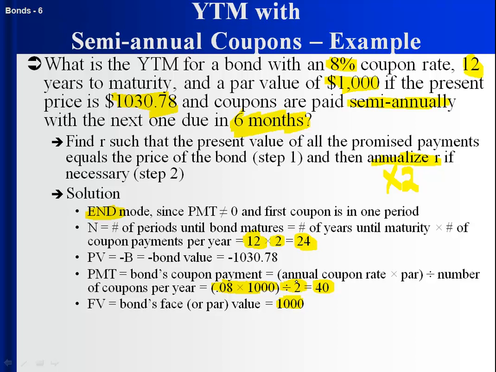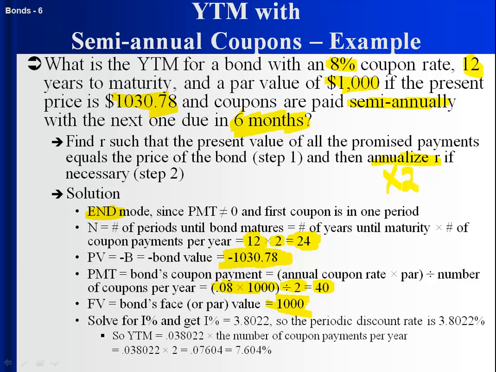And correspondingly, we get 1,000 in 24 half years. Enter PV as the opposite of the price of the bond. Go ahead, solve, and the discount rate that will make the cash flows equal to 1030.78 is 3.8022%. Double it to get the yield to maturity, 7.604%.